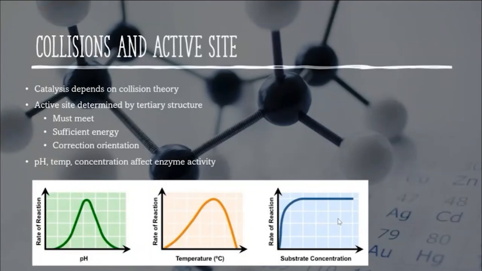The active site is also going to be largely determined by the tertiary structure. So remember how we just discussed changes to the pH and the temperature, and how they can disrupt hydrogen bonding. And we talked about how hydrogen bonding is an important part of our group interactions from 2.4. Just keep that in mind.